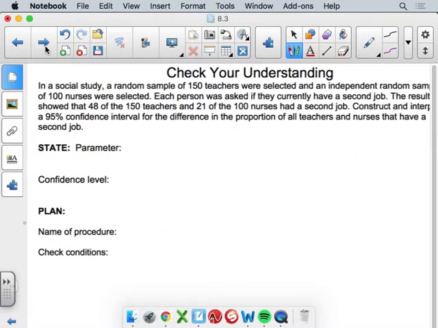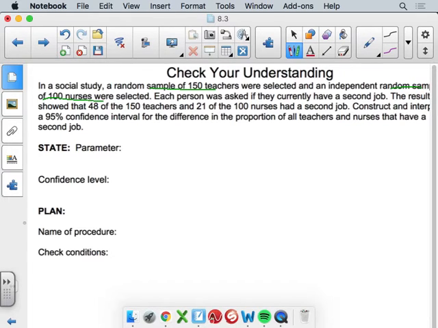Alright, let's do another one. With these, my goal is to do as many problems as possible, because then they become easy when you just do it. Alright. In the study, I have 150 teachers, a random sample of 150, and we did a random sample of 100 nurses.